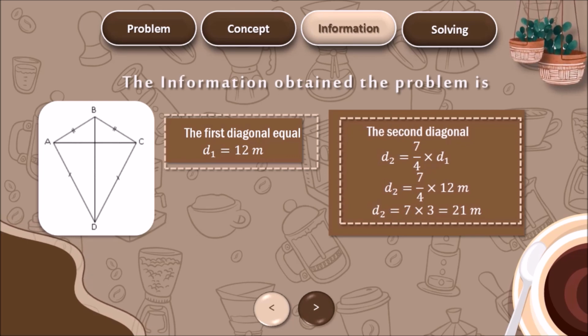Thus, we can conclude that the second diagonal is equal to 7/4 times 12, because the length of the first diagonal is 12. Therefore, we get the second diagonal is 21 meters.